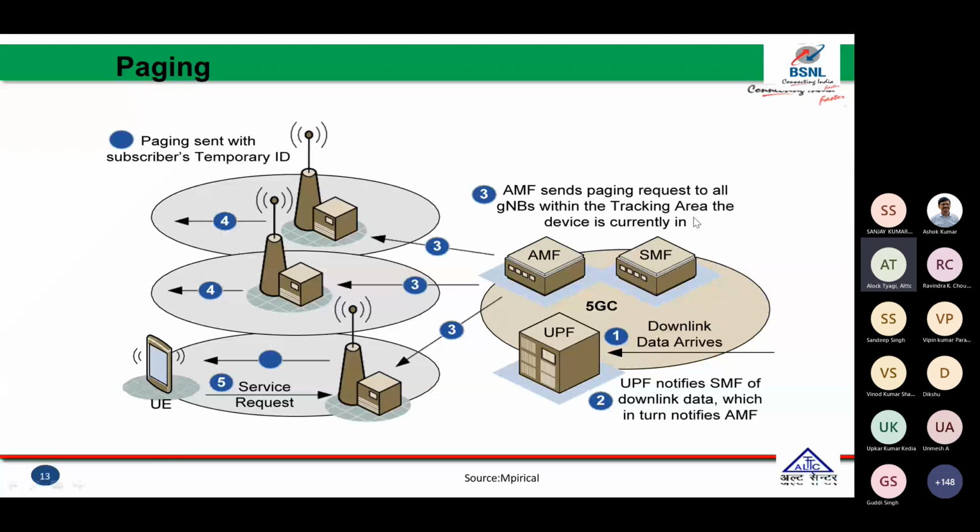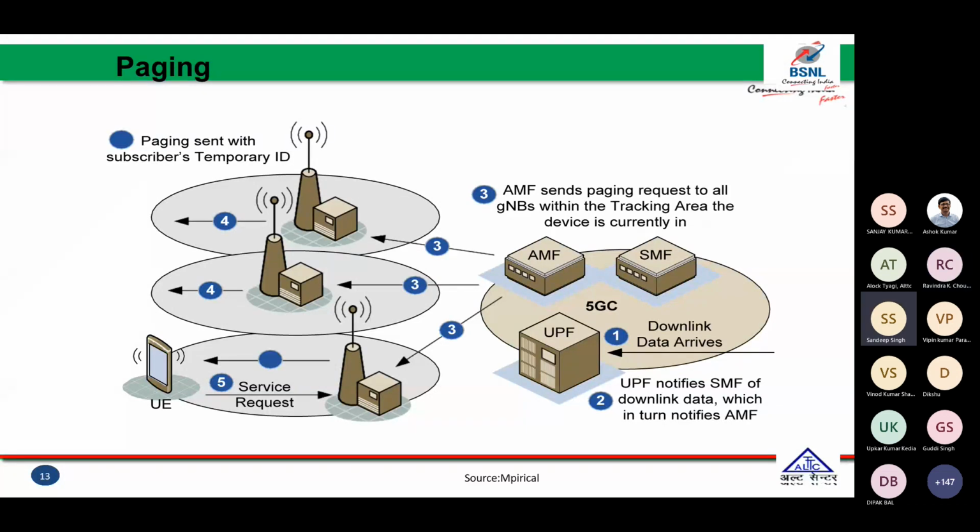Sir, can this paging be used for the tracking area? Actually, in LTE paging there is a tracking area code, and another one is the tracking area list, or we can say the MME pool.